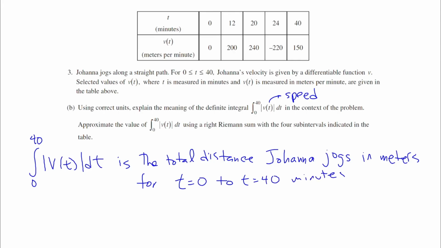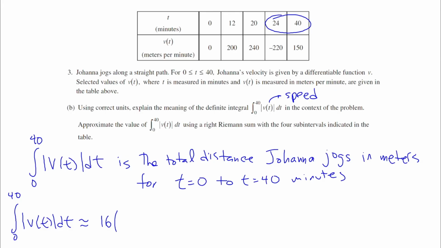And then it wants us to approximate this using a right-Riemann sum using the data in the table. And so the right-Riemann sum, we'll first do 40 minus 24, and we'll write this out. The integral from 0 to 40 of the absolute value of v of t dt should be approximately equal to, using our right-Riemann sum, 40 minus 24, which is just 16. And I always like to start on the right-hand side when I do the right-Riemann sum, but you don't have to.